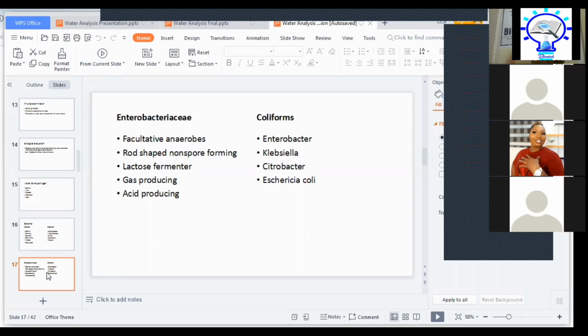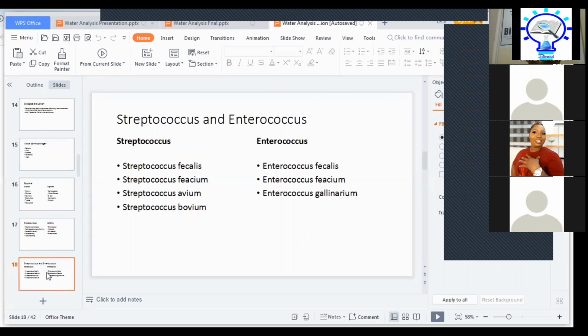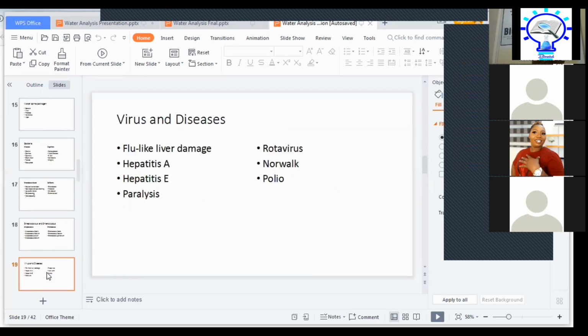And so microbiologists use parameters like gas producing or acid producing to describe and characterize the pathogens that have been isolated in the water we are analyzing. Then some water also contains streptococci, enterococci, and all of that. So when we do deep and comprehensive microbiological analysis, these are the things we are going to be looking out for. And then we want to count how many of them we have, how many problems we are facing.